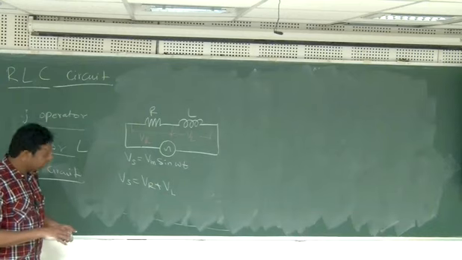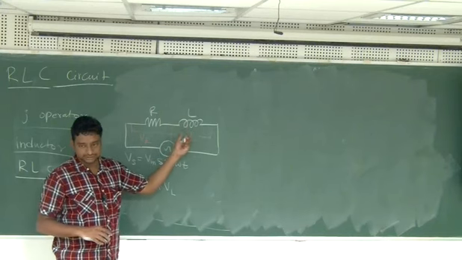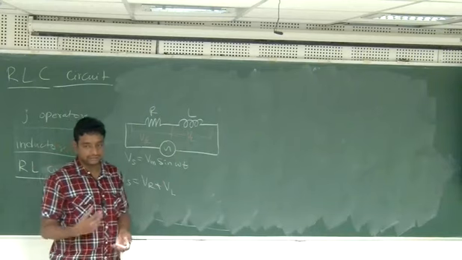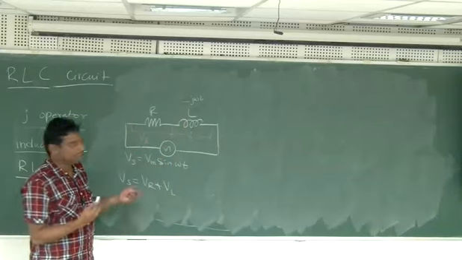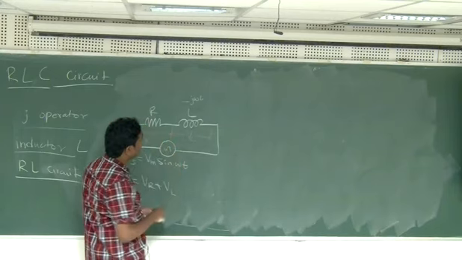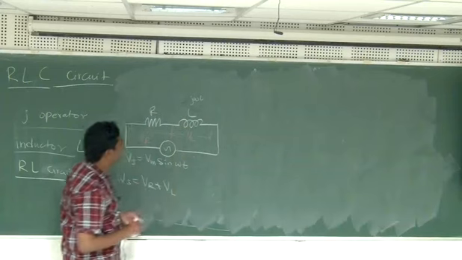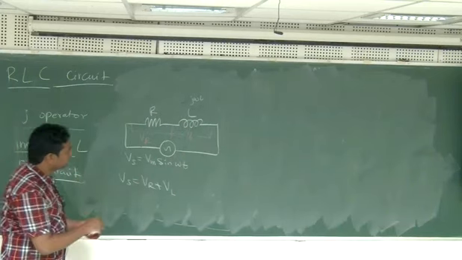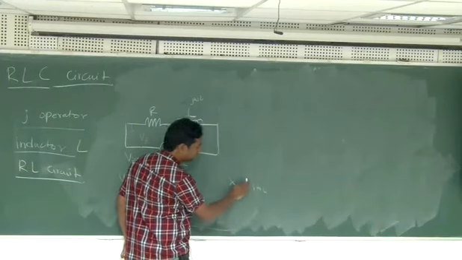Now I can simply replace. So this L is nothing but the property of this device or element. What is the reactance offered by it? j omega L. Sometime back I just said XL is equal to j omega L, but just forget this j.